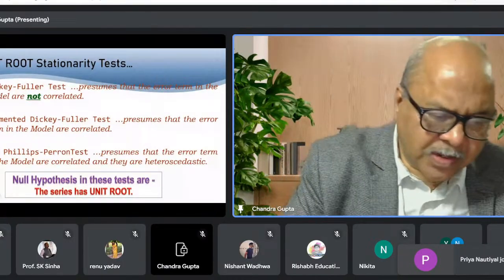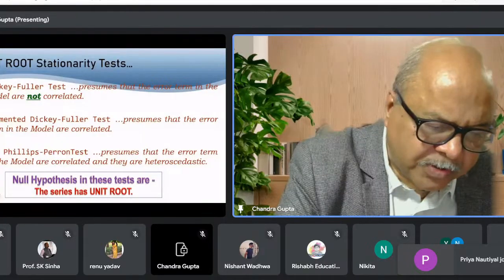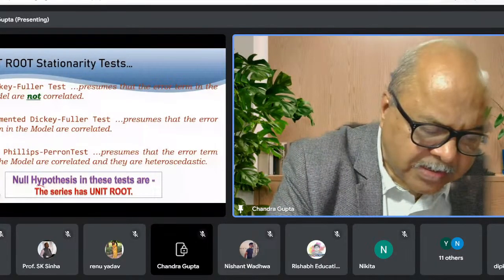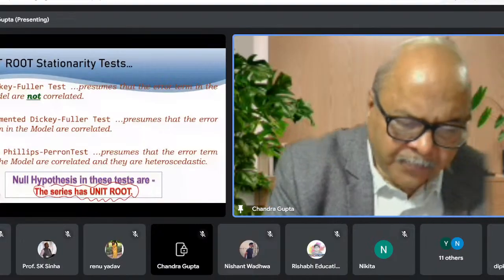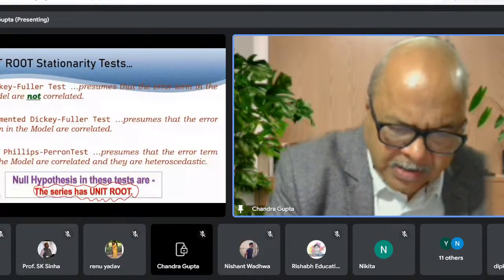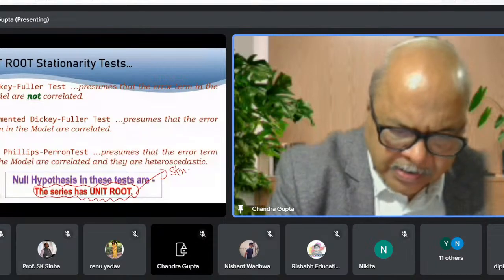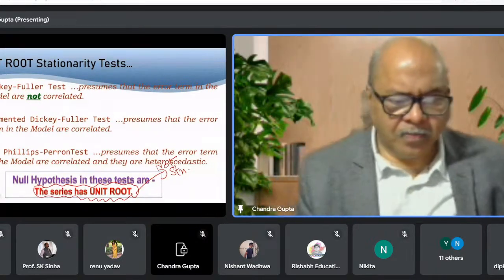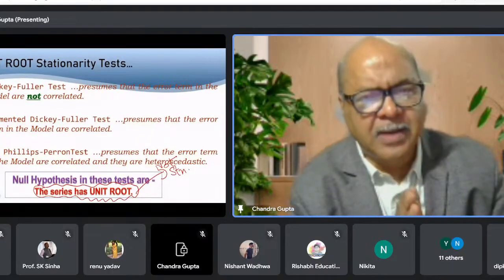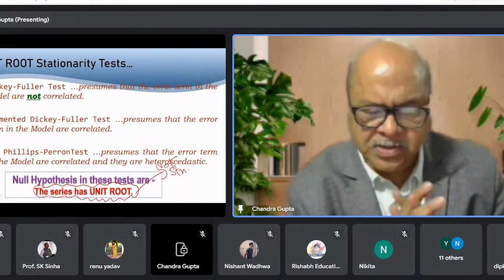So in all these cases, the null hypothesis of the test is that the series has a unit root. Therefore, the null hypothesis is that the series is not stationary. Rejection of this null hypothesis will mean the series is stationary.